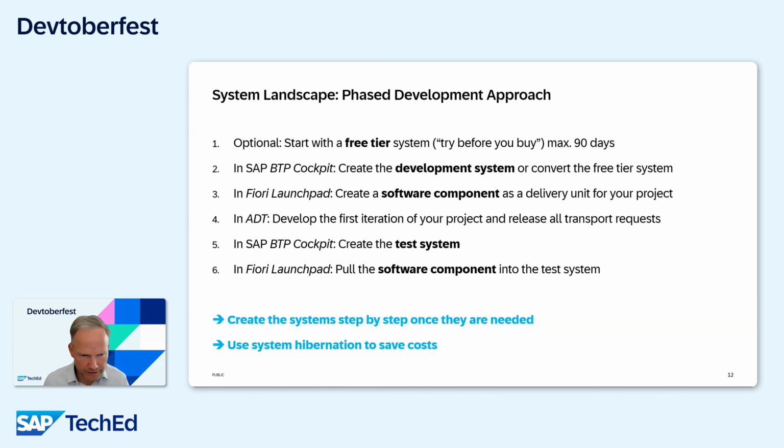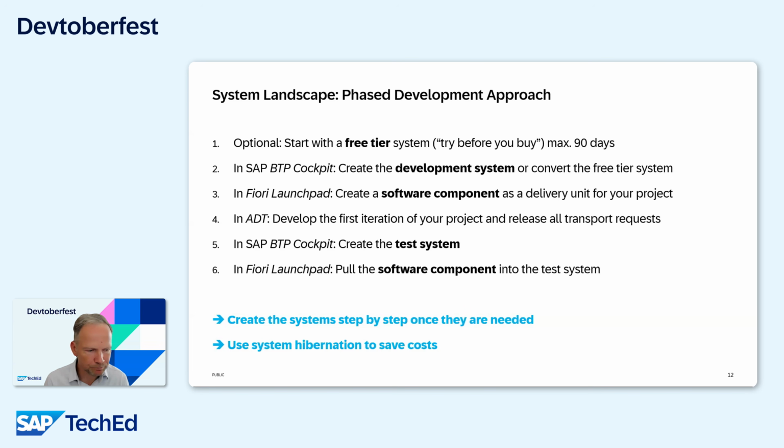Then, of course, in ADT, so ABAP development tools, you would start developing your ABAP objects, and you would also release your transport, like it's well known even from the on-premise world. And then after finishing the first version in a development system, you should create a test system where you import this software component into the test system and start testing it in this test system.